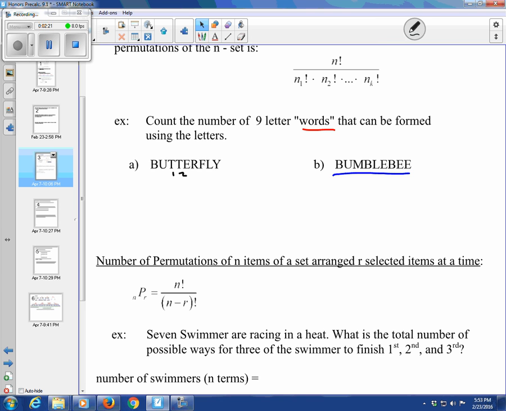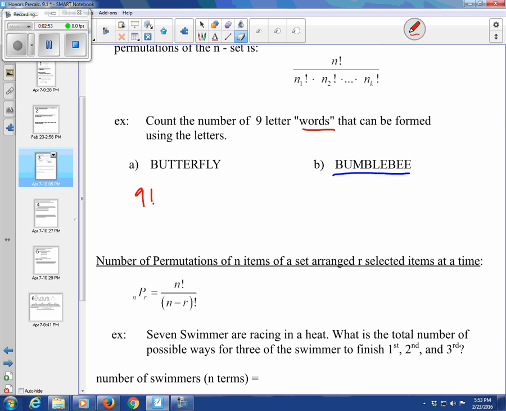Now the number of permutations we're going to have is 9 factorial, since we have 9 letters. But really, our 2 t's are the same letter. So if we're talking about arrangements of these 9 letters, we've actually repeated every arrangement, because we could switch the 2 t's and get the same arrangement of letters.